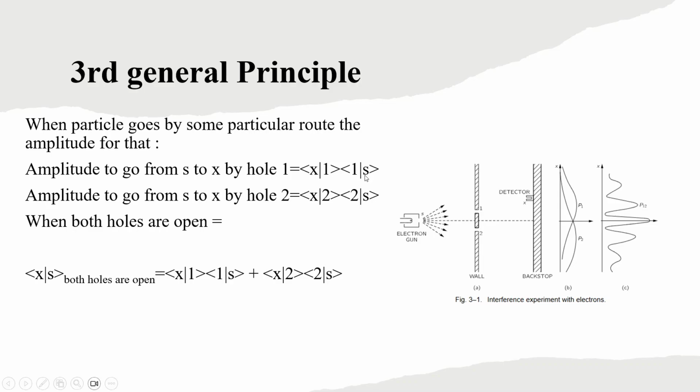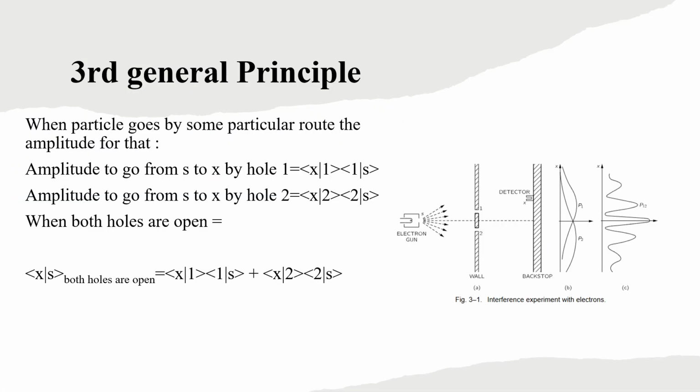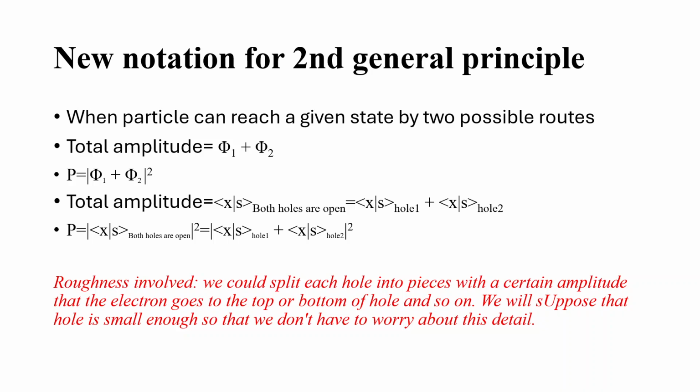So particle starts from S, then goes to hole 1, then from hole 1 it goes to X. In the same way, amplitude to go from S to X by hole 2 starts from S, then goes to hole 2, then from hole 2 it goes to X. Here we are going from S to hole 2, this part, then hole 2 to X, this part. When both holes are open, we just add them up, which is our second general principle.